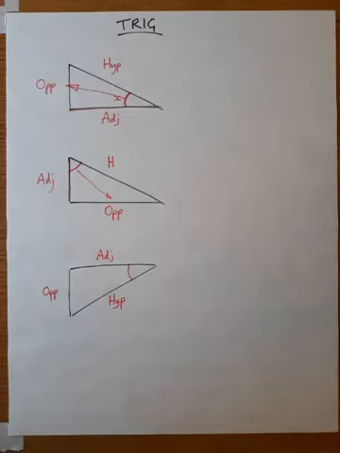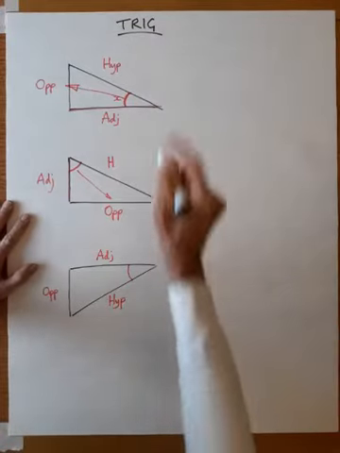When we're going to do some calculations using trig, you're going to need to know the three formulae that we're going to use, and there is a memory aid to help you with that. So let me just write one of the formula out.